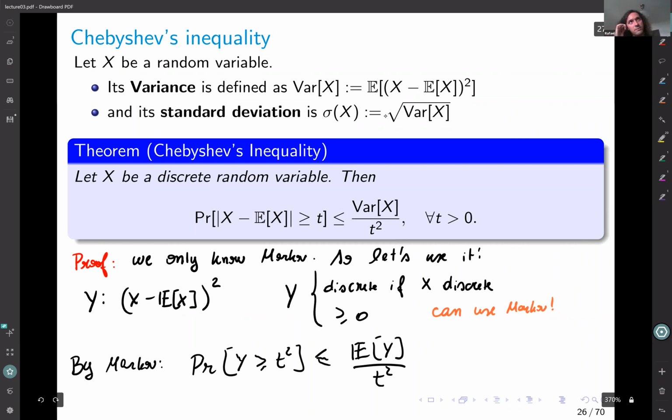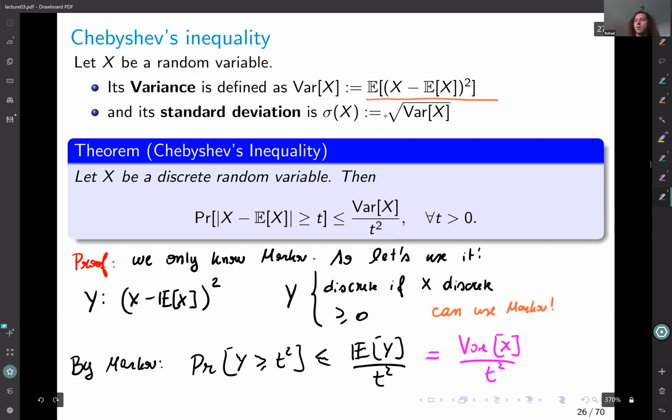That's just what Markov gives us. But now, what is the expected value of y? If you look at the definition of variance, the variance of x is exactly the expected value of y. So by definition, we have the variance of x over t squared. So we're almost there with our Chebyshev.